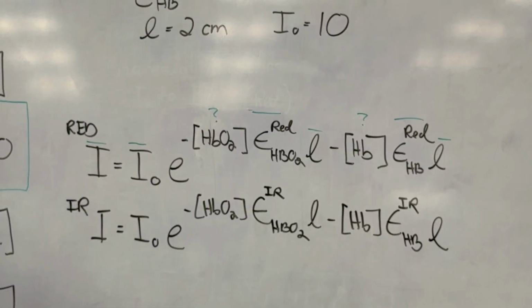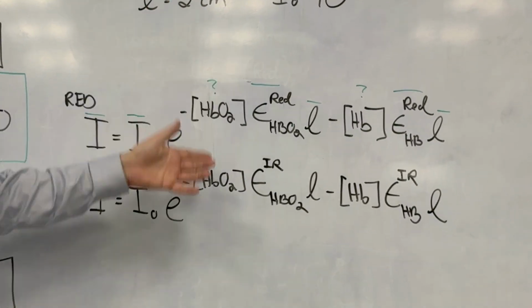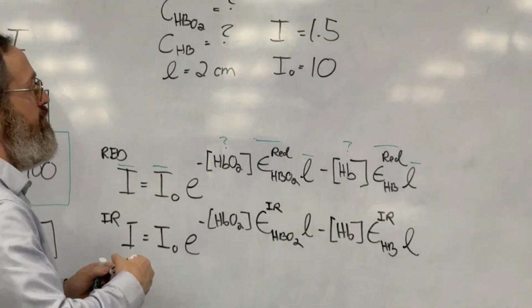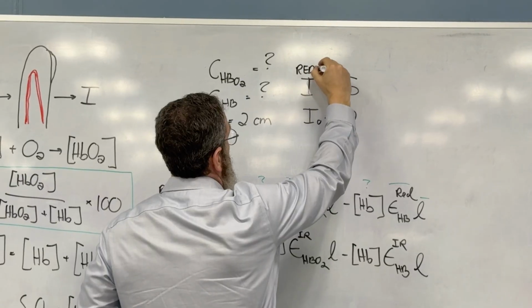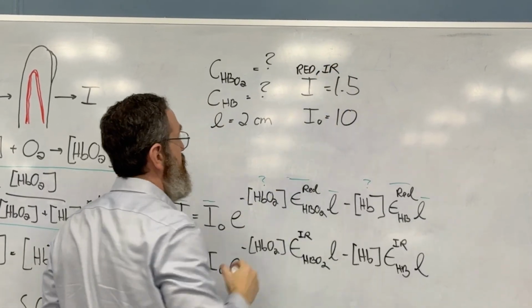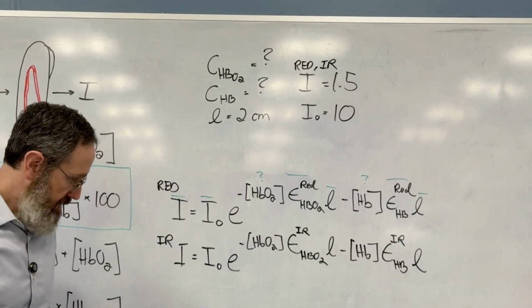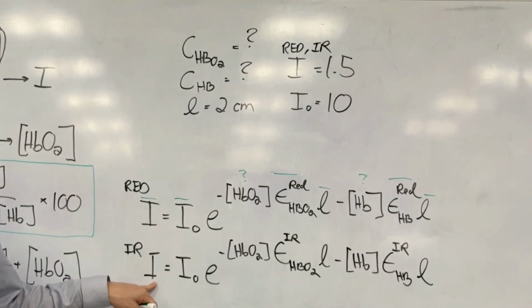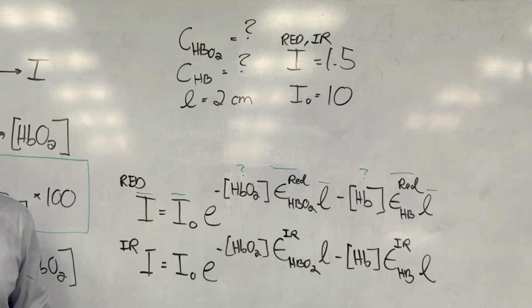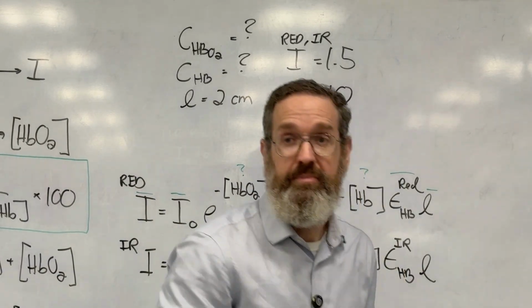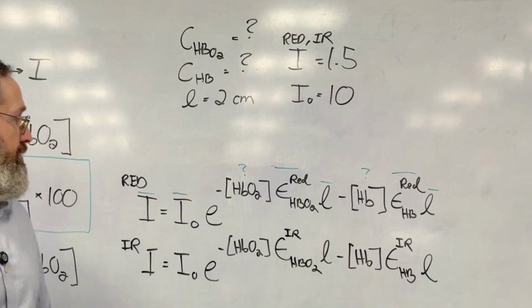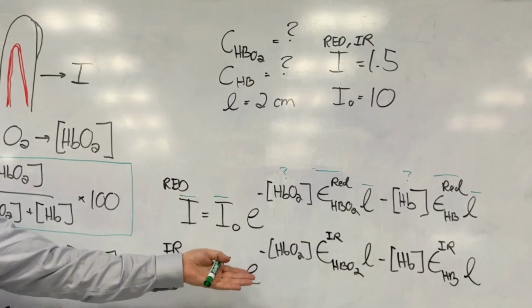And by doing that, if I now give you both the red and the infrared numbers, because these would not be the same numbers here, you would now have 2 equations and 2 unknowns, and it wouldn't be that bad to solve, okay? And now you're thinking, well, that's it.